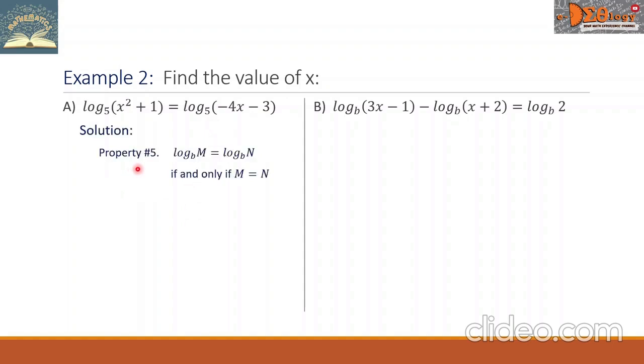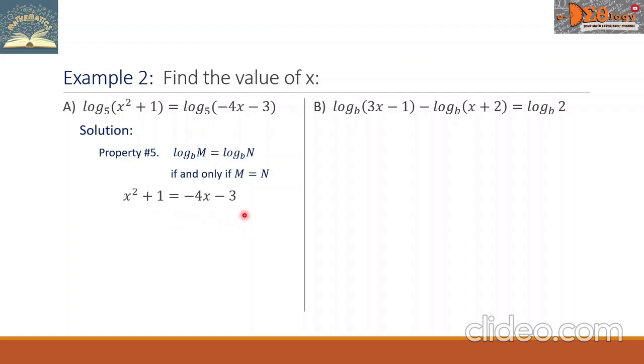Remember that we have property number 5 that says the log of M base b is equal to the log of N base b if and only if M equals N. In this case, the logs with the base are the same, so we can equate the values. So we can write x squared plus 1 is equal to negative 4x minus 3.